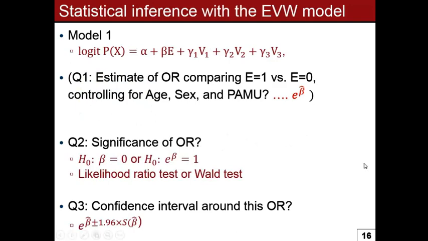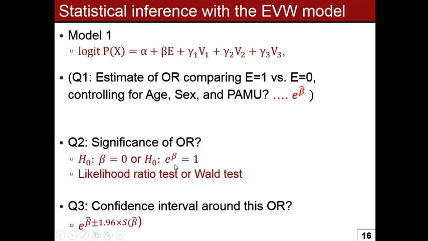So this one we all know about already when we have this model. When we have a single exposure model, we know already that the odds ratio is not going to involve the V terms. So the odds ratio for exposure is just e to the beta. Right? We know this already. We're happy with this. There's no effect modification. To test the significance of this odds ratio being a null value or not, we're talking about the hypothesis test of beta is 0, or alternatively, e to the beta equals 1.